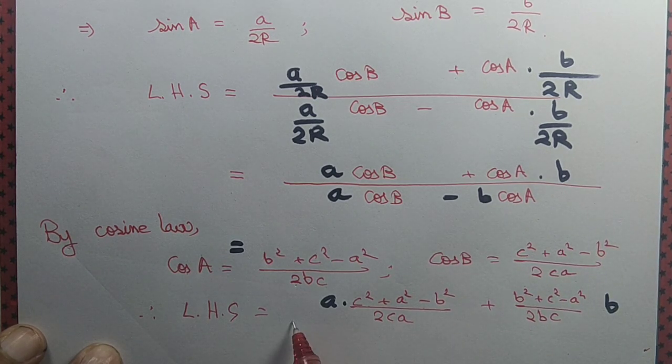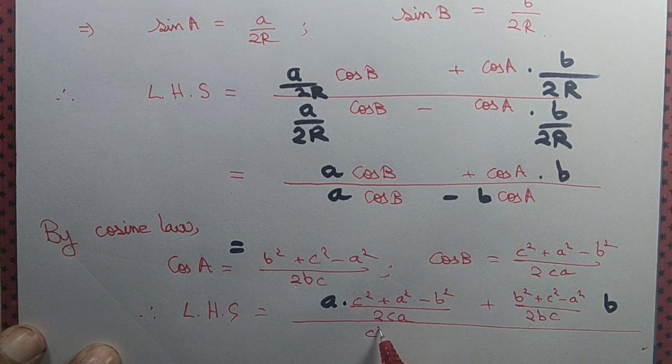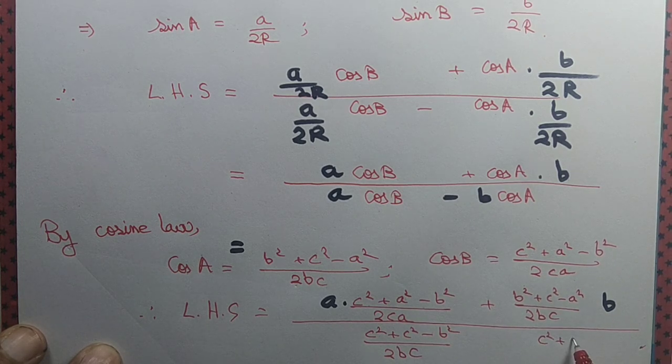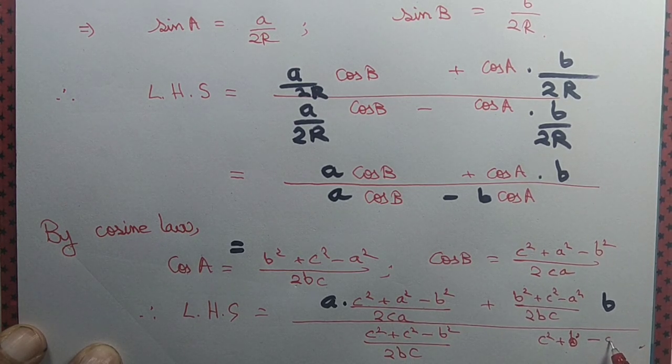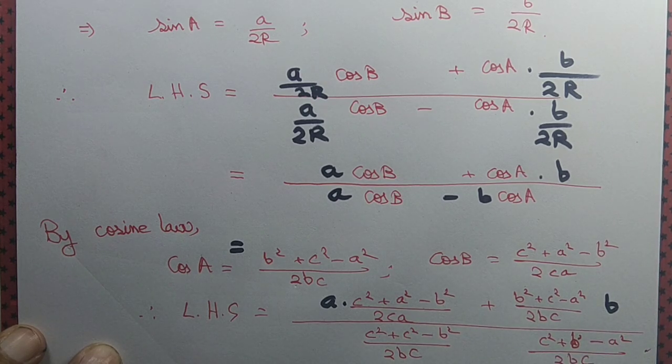The same is true for the denominator. Cos B is (c² + a² − b²) divided by 2ca, and cos A is (c² + b² − a²) divided by 2bc. Once again, we have a and b as it is and the sign as it is.